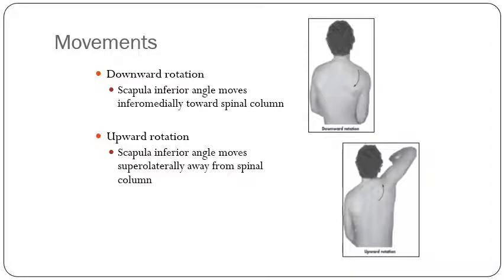Upward rotation is going to happen when you elevate your humerus. Anytime you raise your arm, there's going to be a degree of upward rotation that has to take place, just to maintain the integrity of the glenohumeral joint as you're moving the arm through the range of motion.